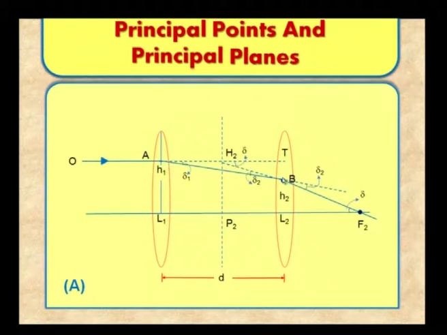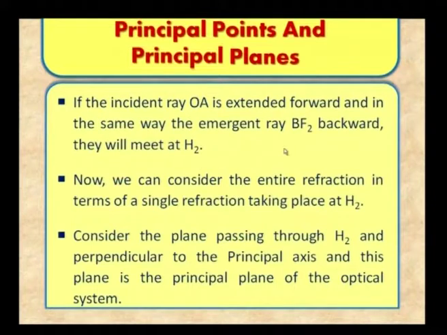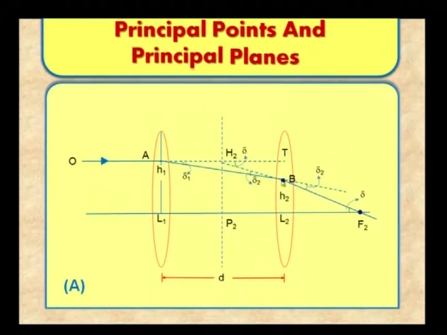Then from B you project the light ray, you make the light ray go in this direction, then this delta 1 will be there, and you will have BF2 backward. This is BF2, you make BF2 go in this direction. BF2 is the direction in which the light ray is travelling.